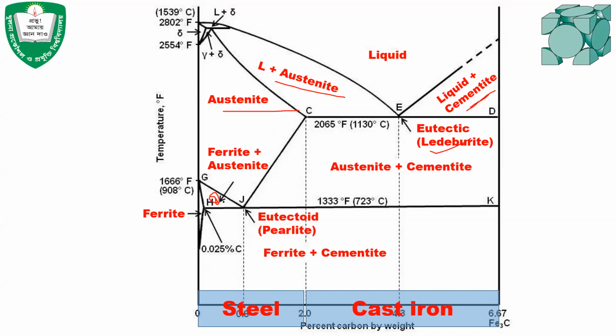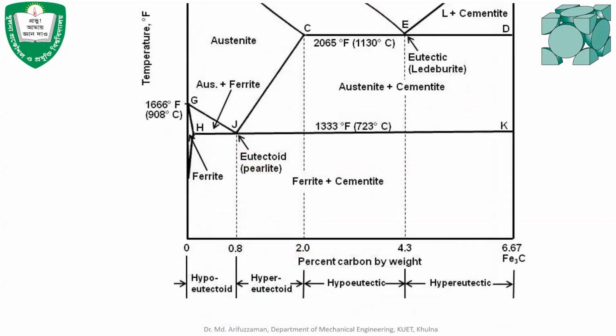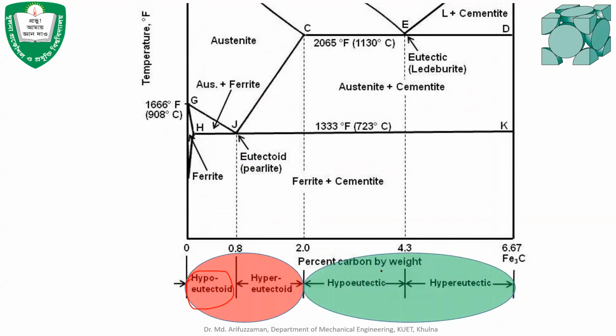Again, steel and cast iron can also be divided into two parts. The steel which contains 0 to 0.8% carbon is called hypoeutectoid steel, and the steel that has 0.8% to 2% carbon is called hypereutectoid steel. In the case of cast iron, it is the same.